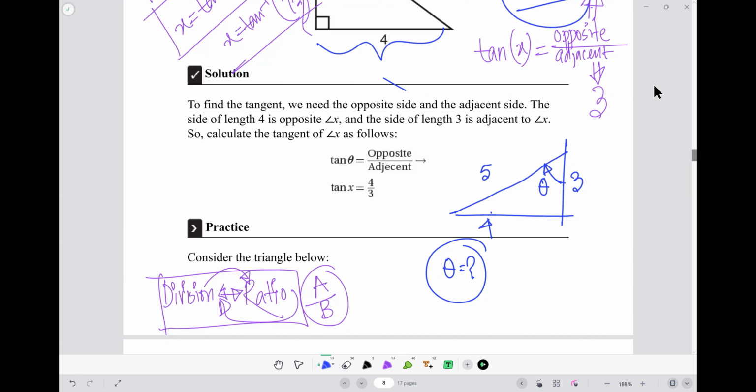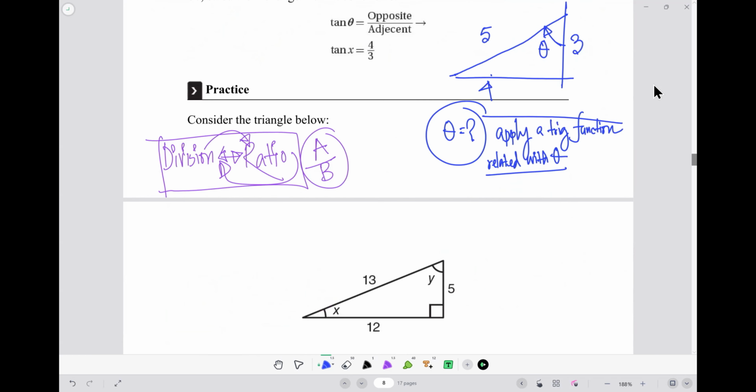The way that we do that is basically we just want to apply a trigonometric function related with theta. So what is a trigonometric function related with theta? There are 6 different trigonometric functions related with theta.